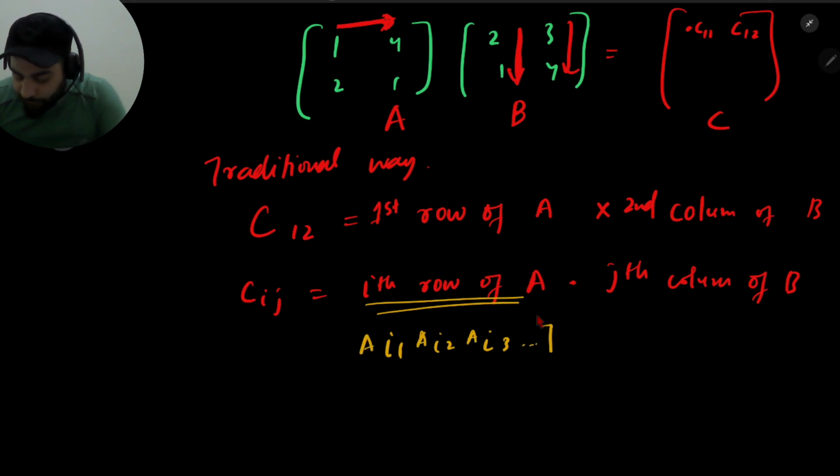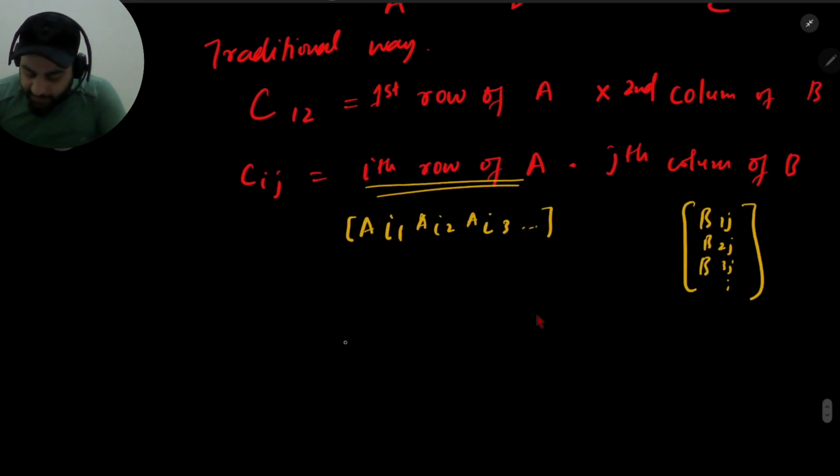This will be a row. Let's suppose this is the jth column, and this is the ith row. So the jth column will be B1j, B2j, B3j, and so on. Okay, so I can write it like this.